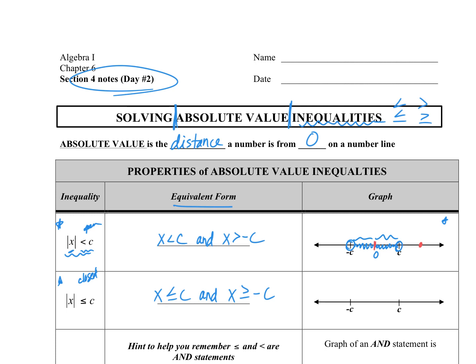And again, we're assuming that the c and negative c are the same units away from 0. So my picture of this is just going to be that closed circle. We're going to shade in between. There's my sandwich.